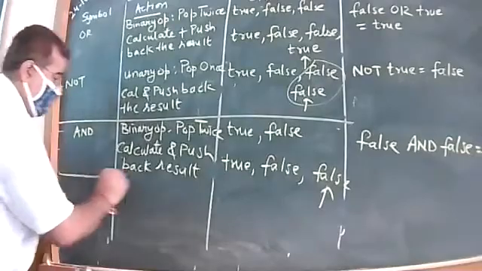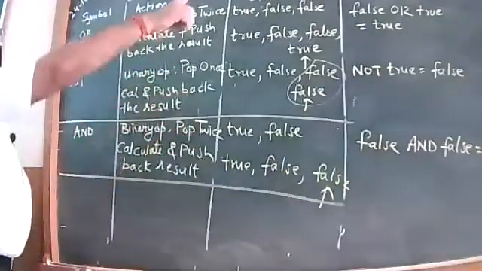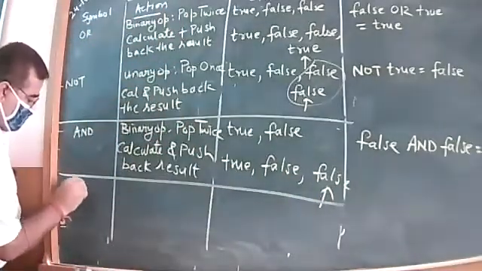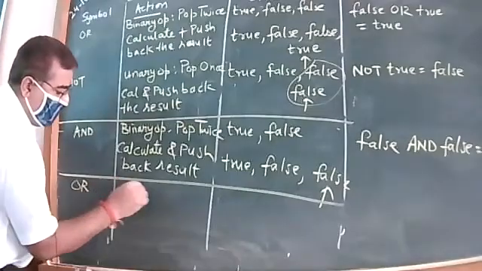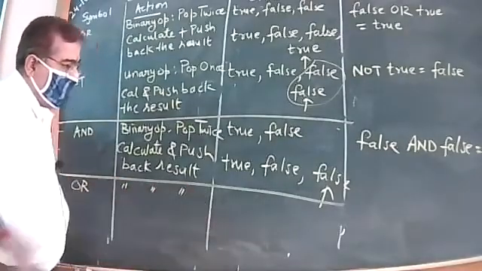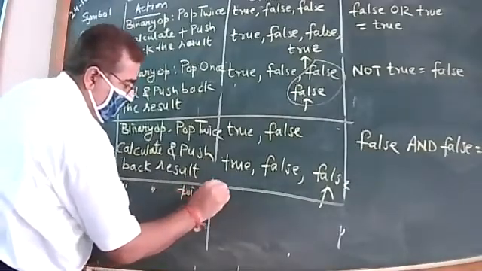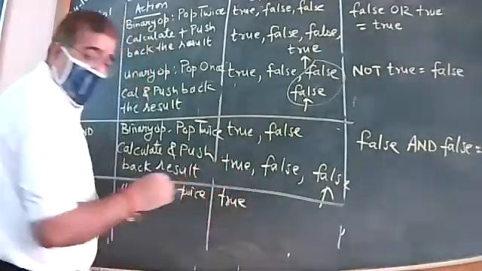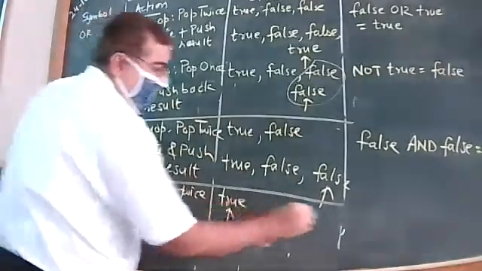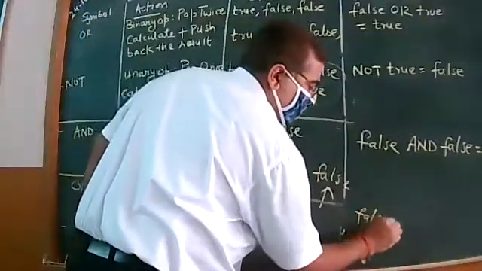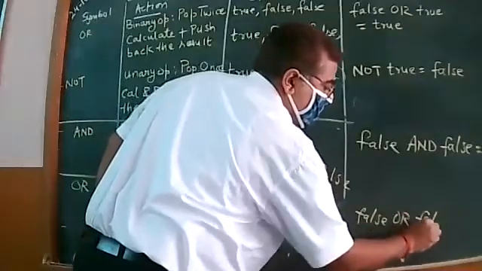Now, next is OR. Binary operator, pop twice. So inside we are left with true. And I pop two operands, false or false.